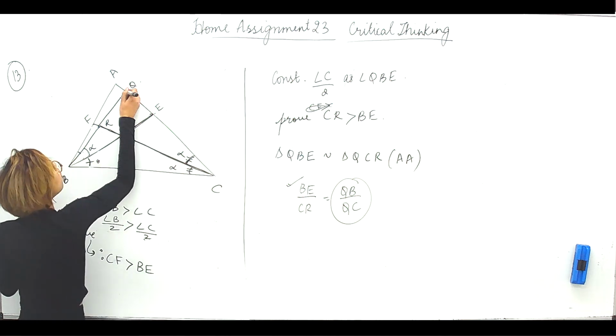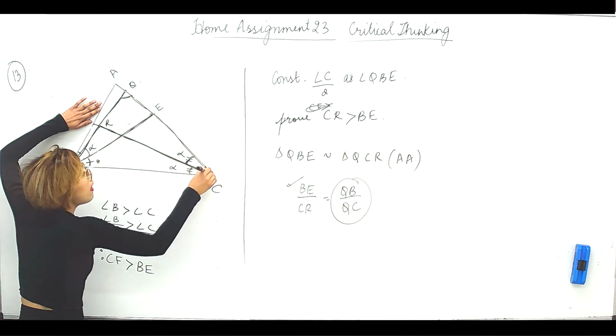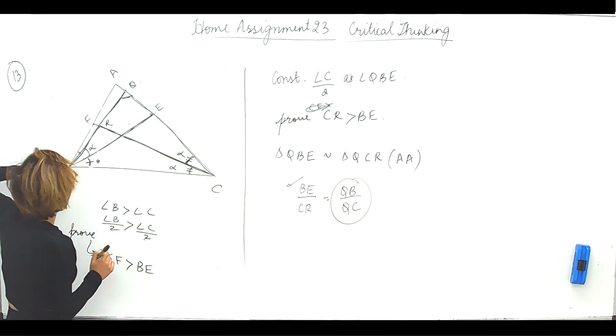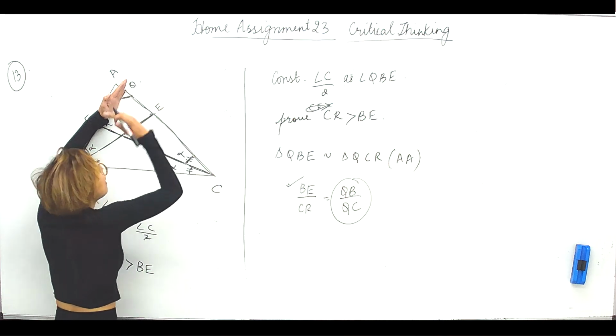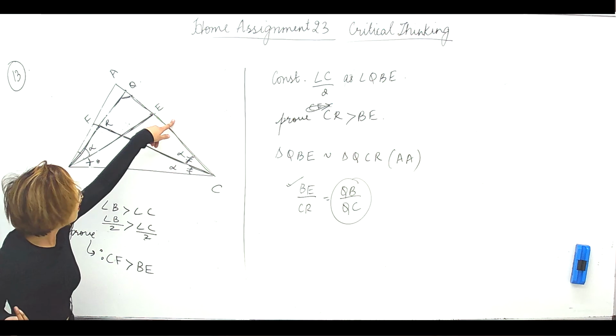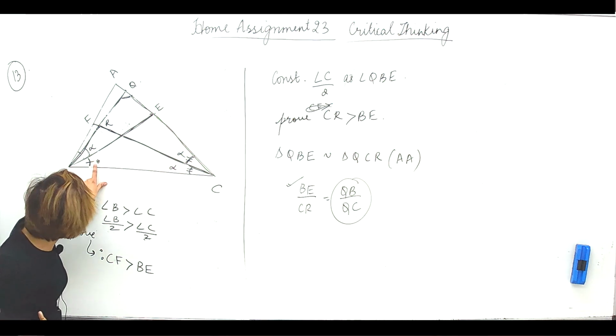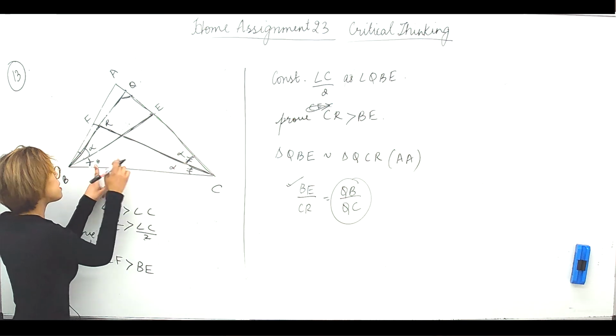Come on, QB is here, QC is here. These two are in the same triangle, QBC, same triangle, QB, QC. Now, can you tell me which side is the greater one? Come on, this is 2 alpha, this is theta plus alpha, right? Definitely. Okay, alpha, alpha is fine. Now between theta and alpha, theta was bigger.